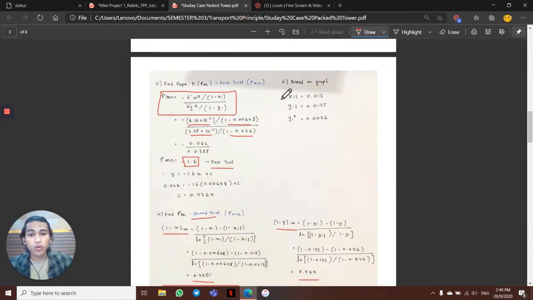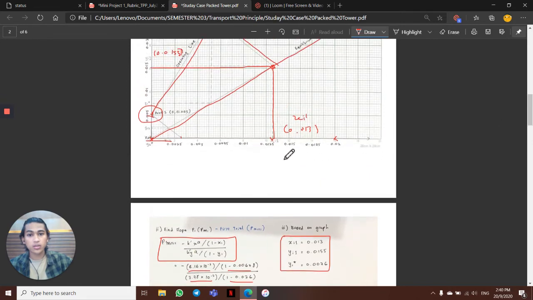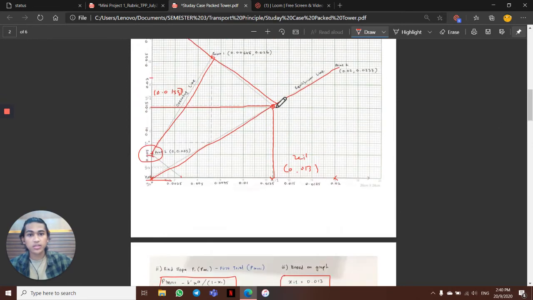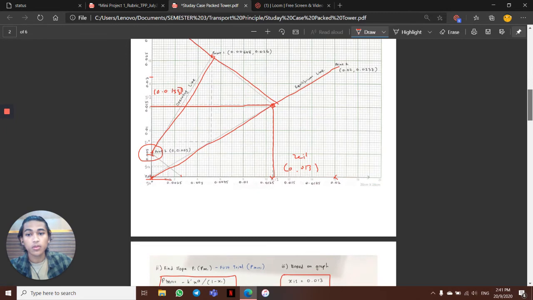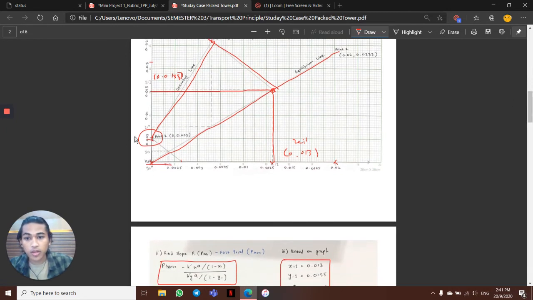From the PM1 we already have xi1, yi1, and y1 star, the point that intersects at the equilibrium line. This one is for the operating line. From the operating line, we already have this point here. We already have the slope.